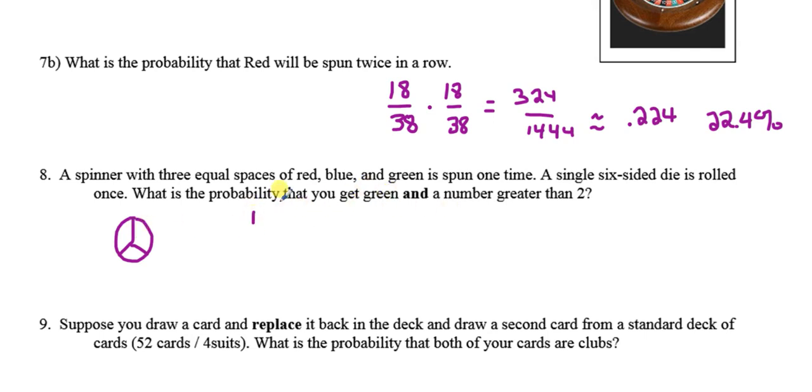They're equal size, so you have a 1 out of 3 chance of getting a green, and a number greater than 2. So you can get the number 3, 4, 5, or 6. So you have a 4 out of 6 chance of getting a number greater than 2, which is 2/3.